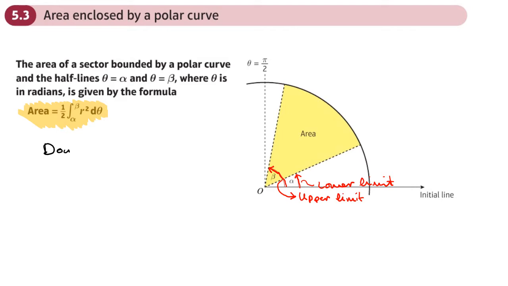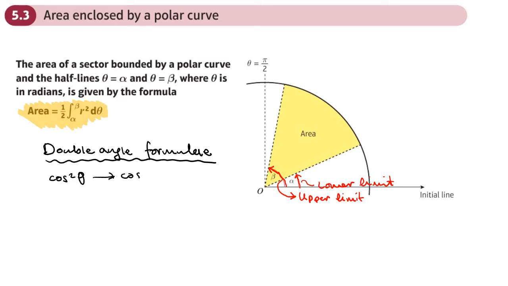Double angle formulae are going to be useful because you may get something you can't integrate, and we can turn it into something you can integrate. For example, if we ended up with cos squared theta, then we can use the double angle for cos 2 theta to make a substitution.